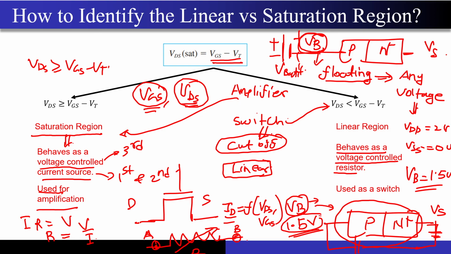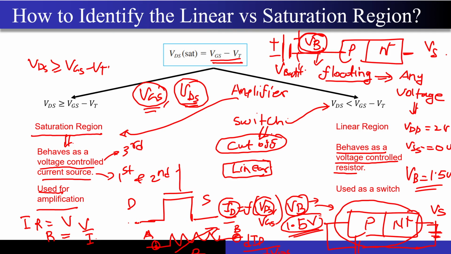If you take dID by dVDS, differentiate ID with respect to VDS and take the inverse of it, you will get the resistance. I'm just giving you intuition. My aim is not to derive the equations at this stage. I'm just telling you how it behaves as a voltage controlled resistor.